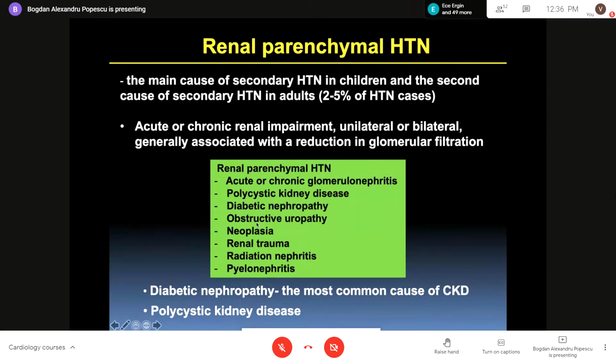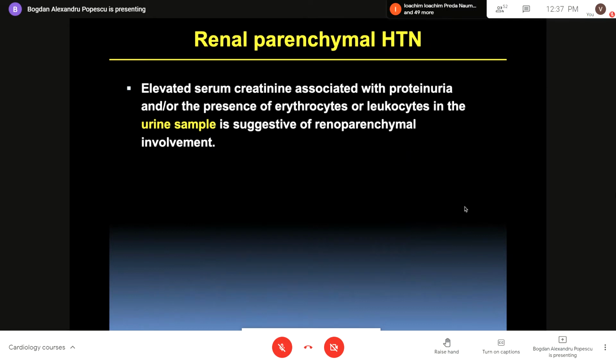There are a number of diseases of the kidney that can lead to renal parenchymal hypertension, from glomerulonephritis, polycystic kidney disease, diabetic nephropathy, obstructive uropathy, tumors, trauma, and so on. Among those, diabetic nephropathy needs to be remembered because it's a common cause of chronic kidney disease in this regard. And polycystic kidney disease is another one that you really need to take into account.